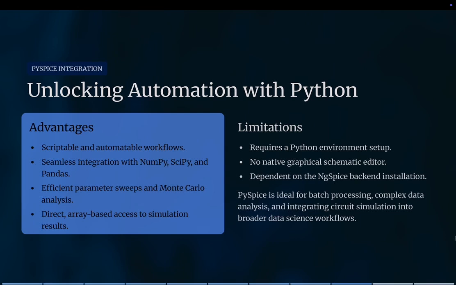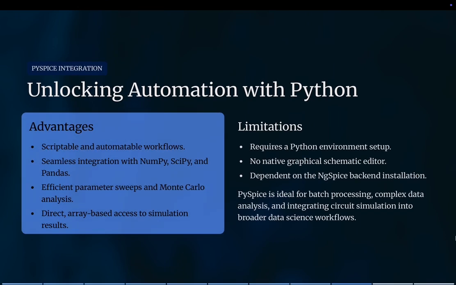You may ask when we should use PySpice. We should use PySpice when we need automation, batch processing, or integration with data science workflows. And we use the Ngspice CLI for quick one-off simulations or when you prefer working directly with netlists.